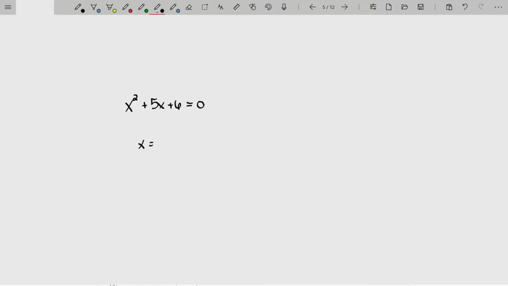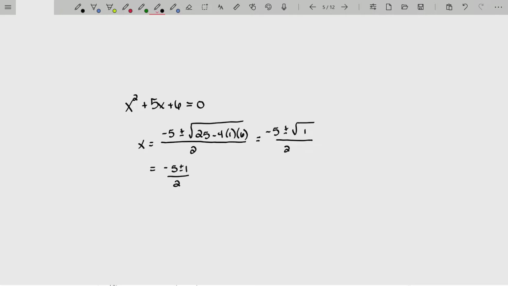We know that. But there's another way you could produce that factoring. If you let it equal 0 and use the quadratic formula, you would get the following. Opposite of b plus or minus square root of b squared minus 4ac all over 2a. That would be negative 5 plus or minus the square root of 25 minus 24, which is 1, all over 2. Or in other words, negative 5 plus or minus 1 over 2.